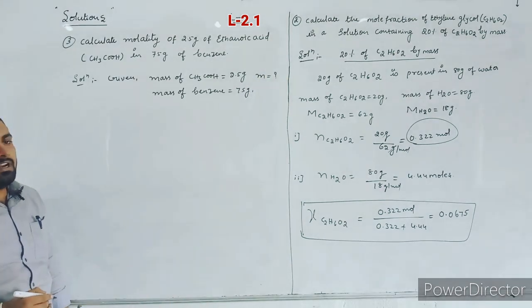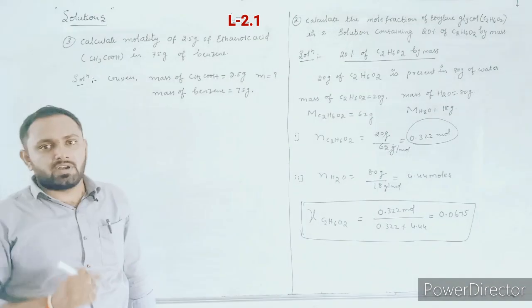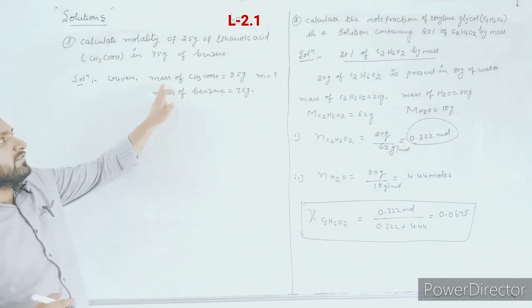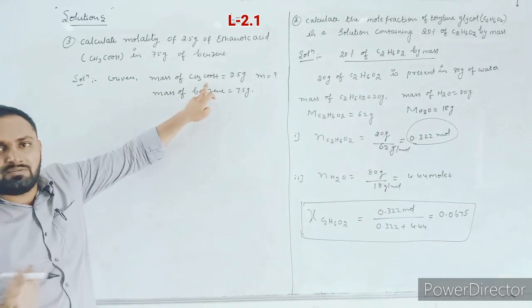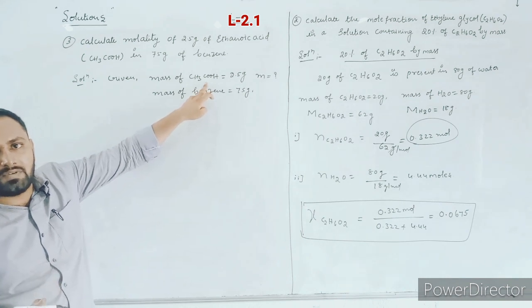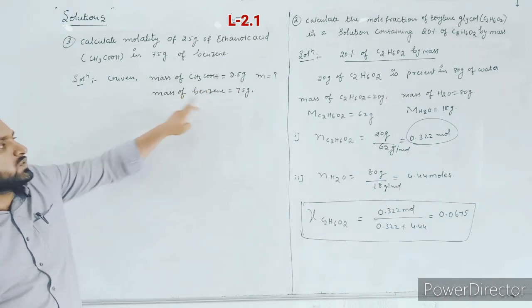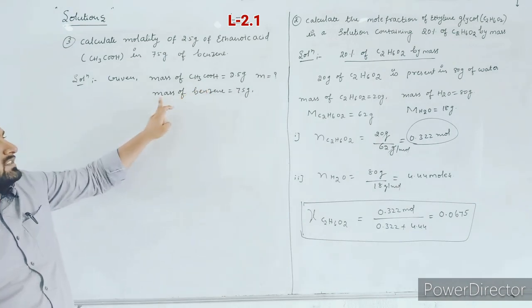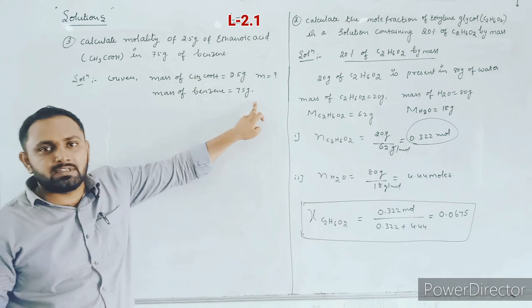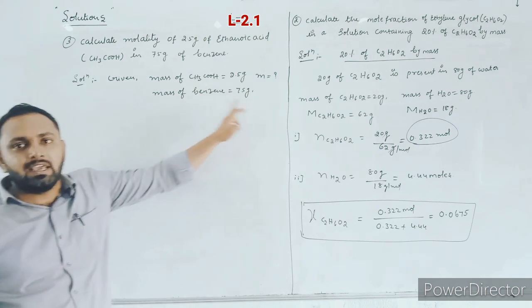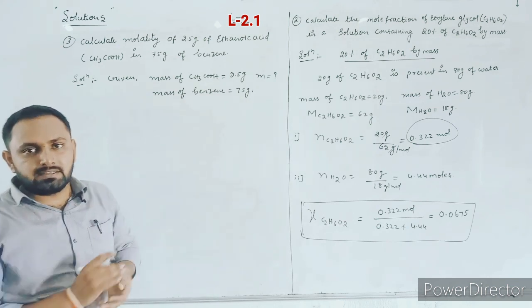Now what is the formula to calculate molality? There are two formulas. Here the mass of solute is given, the number of moles of solute is not given. That's why you have to use the second formula. Also, the mass of solvent is given in grams, not in kg. That's why you have to select the second formula.